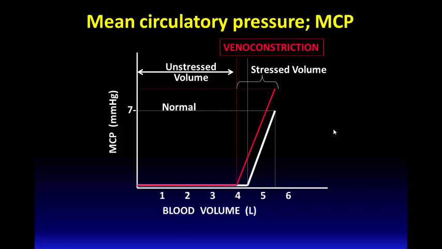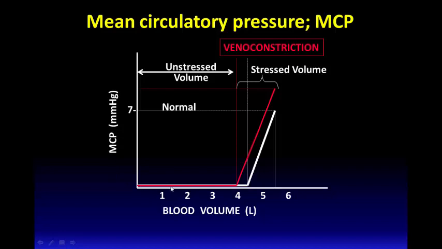Now let's describe the other factor which influences the mean circulatory pressure, which is the venous capacity. We mentioned earlier in the lecture that the mean circulatory pressure is inversely proportional to the venous capacity. So as the venous capacity increases, mean circulatory pressure decreases, and as the venous capacity decreases, mean circulatory pressure increases. This is shown in this diagram. On the x-axis, again, we have the blood volume, and on the y-axis we have the mean circulatory pressure.